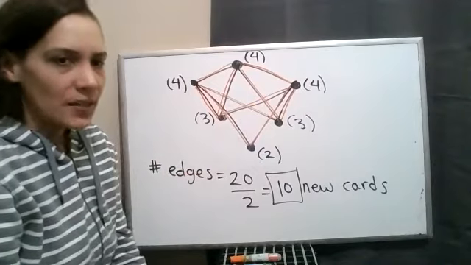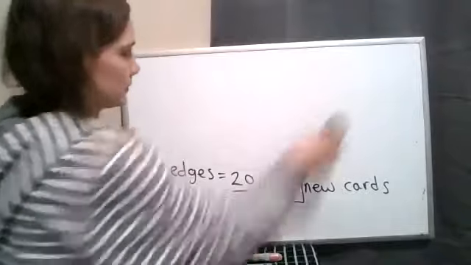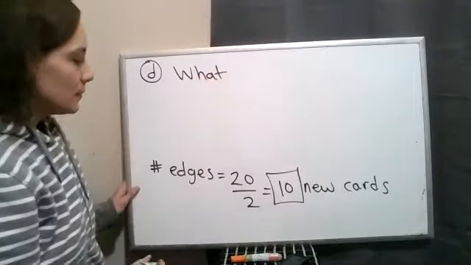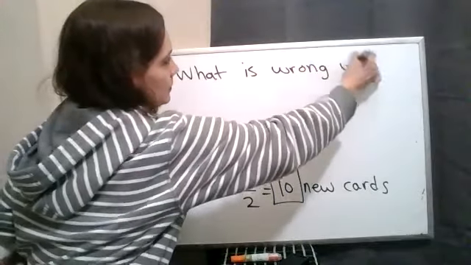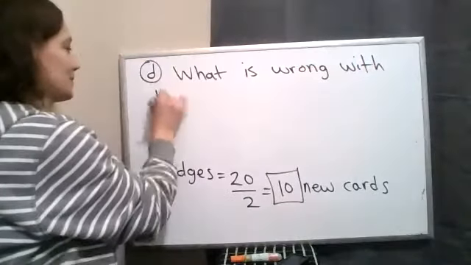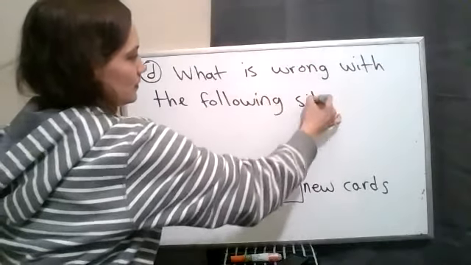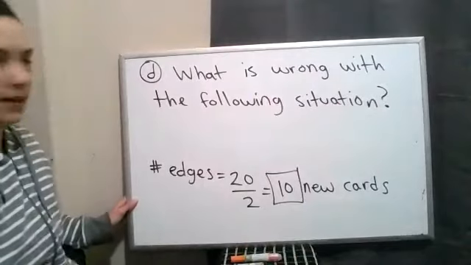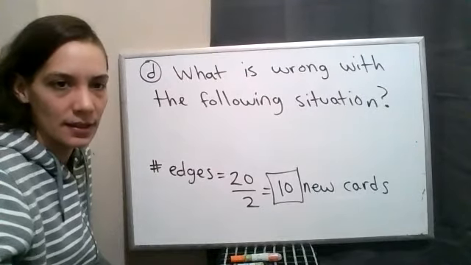Okay, so the last question is kind of a trick question. So we're going to say, what's wrong with the following situation? One person gets 4 cards.